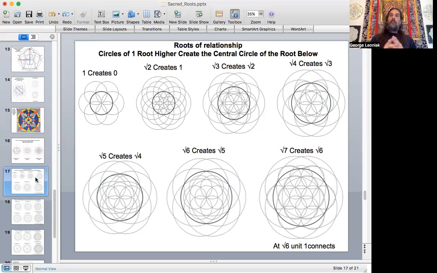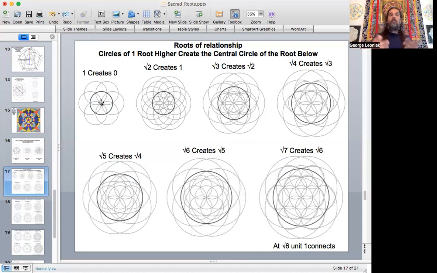What this sequence describes goes back to what I was talking about earlier, that the vesica of the root circle above it, if there's 2 of those, will produce the one below it. So let's check this a little bit at a time because it's a really interesting relationship that starts here. We are going to start with the seed of life, and it's going to be a unit 1 circle to start, and then we draw the seed of life.